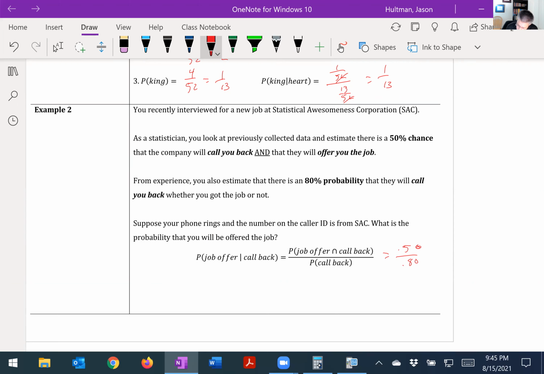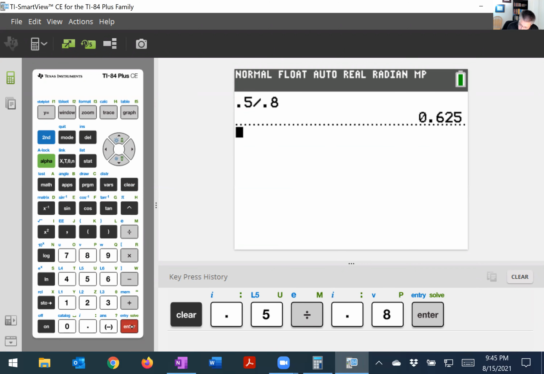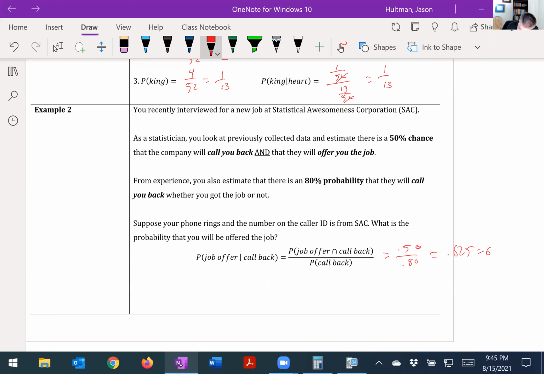So this is going to be 0.50 over 0.80, which is 0.625, or 62.5%. That's the probability that they give you the job, given that they call you back.